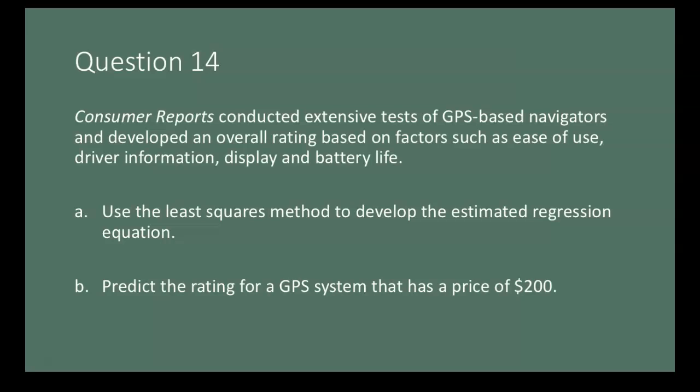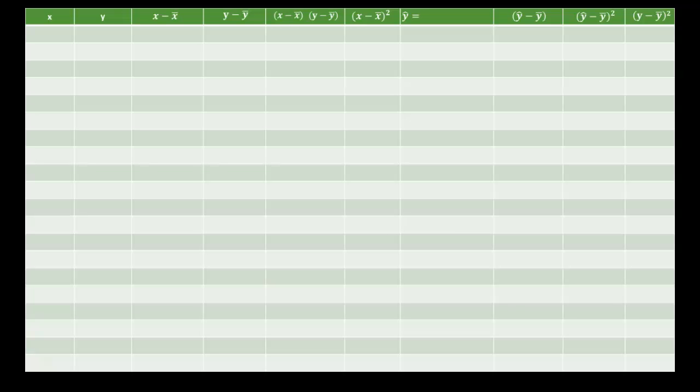So first, we need to find the estimated regression equation. So we have this worksheet with the 10 different columns where we put everything into our lists in our calculators.